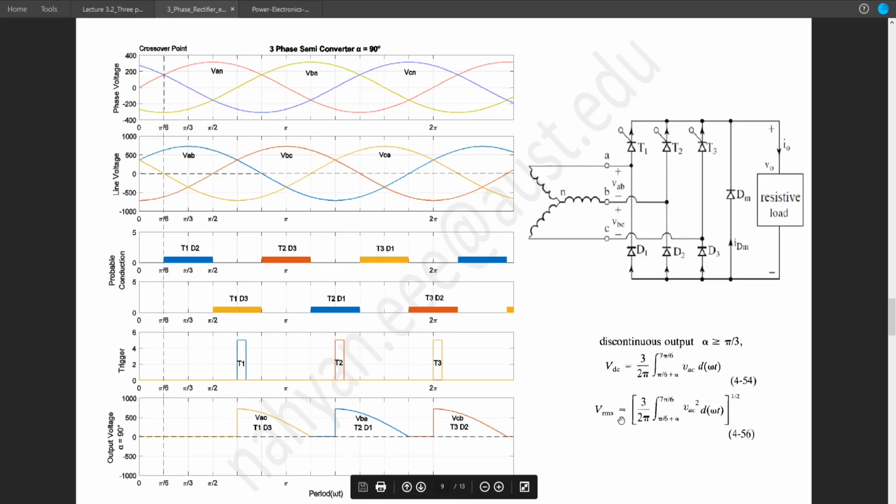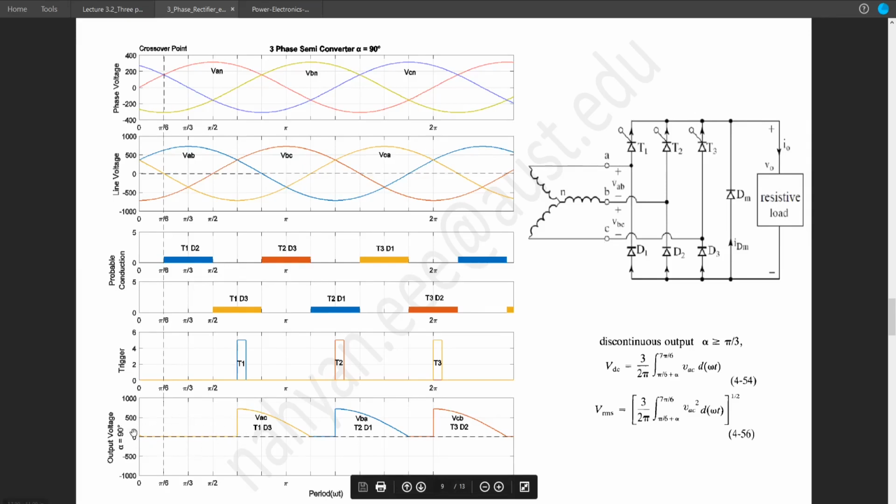So T is twice pi over 3, I mean 120 degree. So 1 by 120 degree, and the limits are pi by 6 plus alpha. So in this case, alpha equal 90 and pi by 6 means 30. So the overall angle is 120 degree.